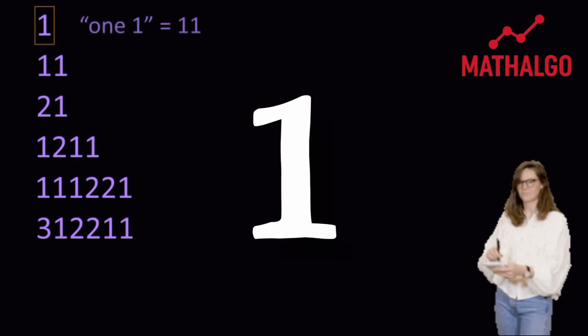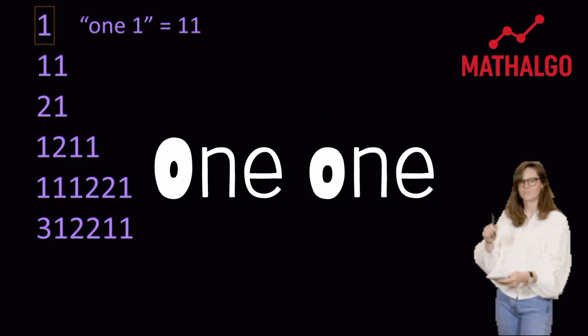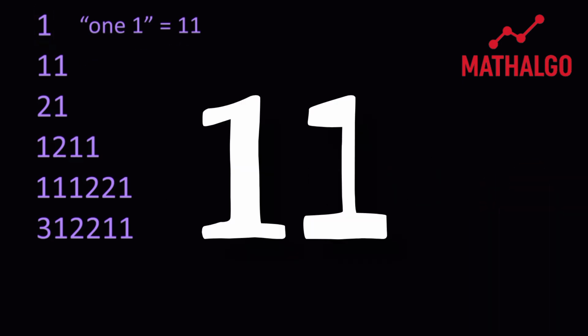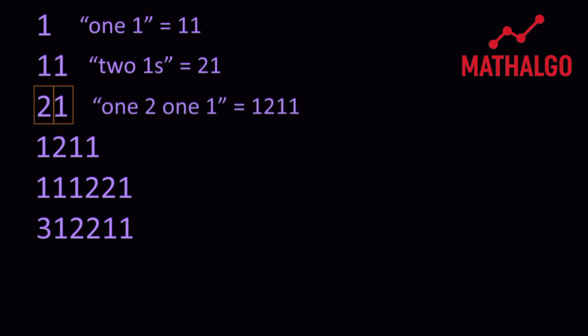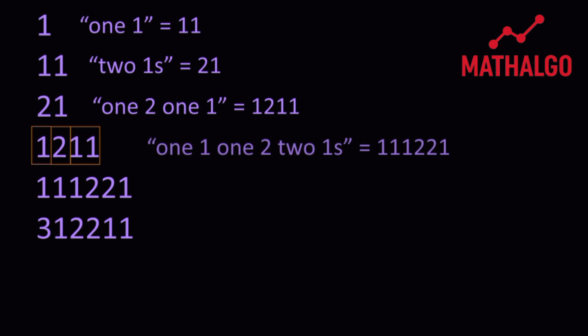First, 1. You say one 1, that gives you 11. Then, 11, you say two 1s, that gives you 21. Then, 21, you say one 2, one 1, that gives you 1211. Next, 1211, you say one 1, one 2, two 1s, that gives 111221.